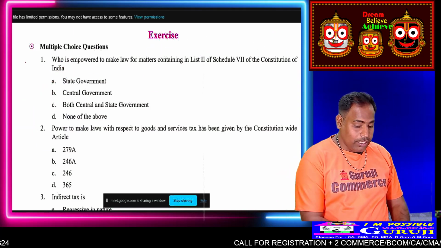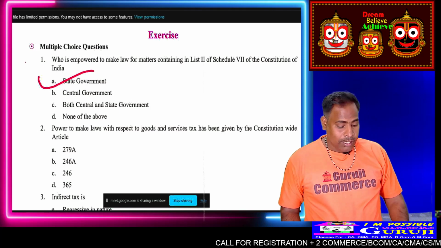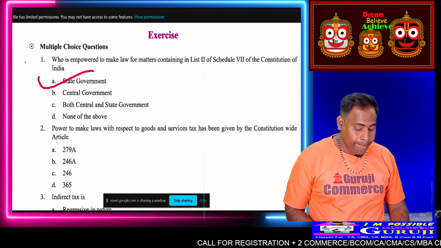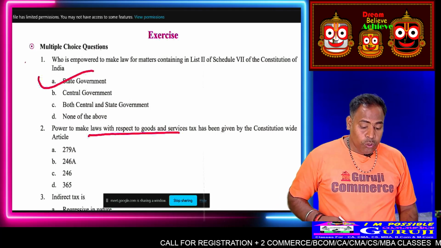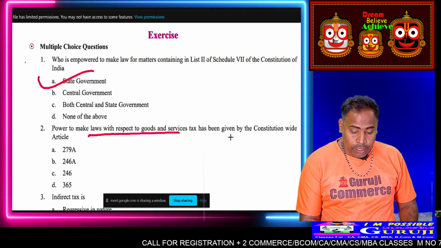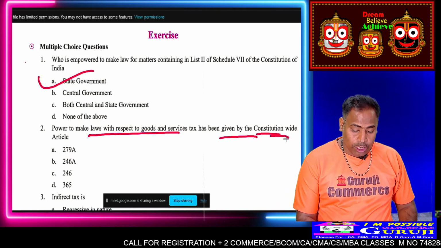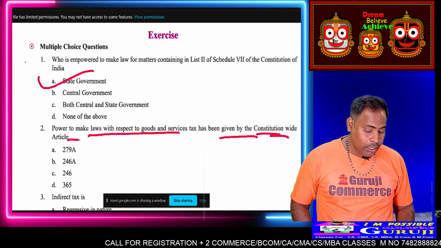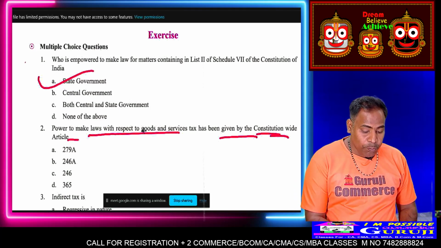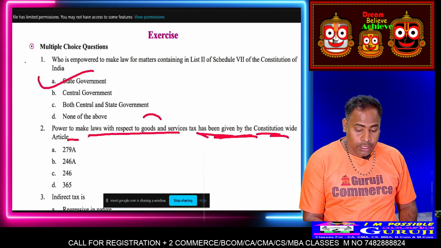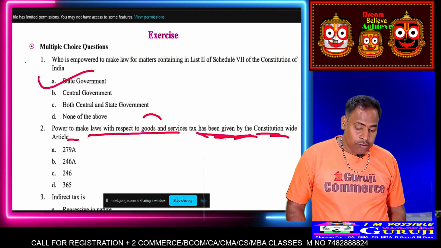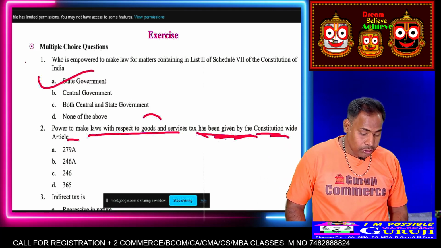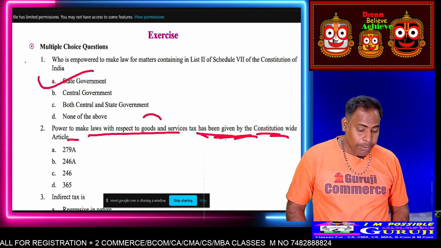A is the right answer, am I right? Power to make law in respect of goods or services which have been provided by the Constitution under article 246(A).